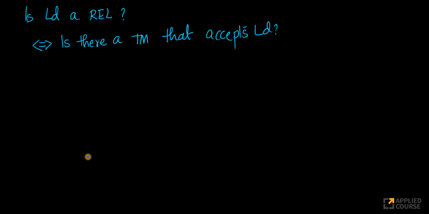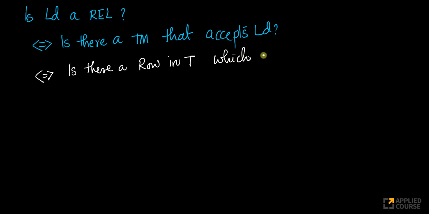So now this is logically equivalent to: is there a row in my table T which is equal to the d dash vector? This is the most important logic. Why am I saying this?